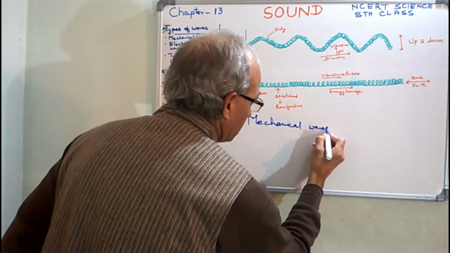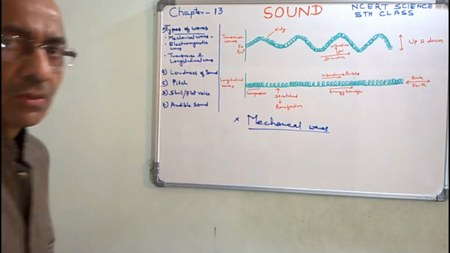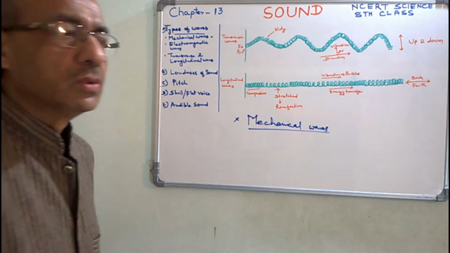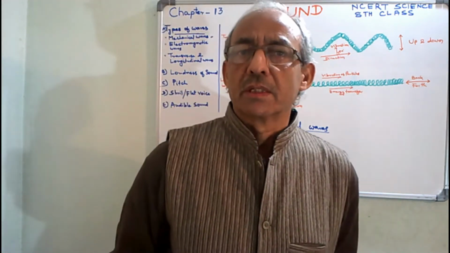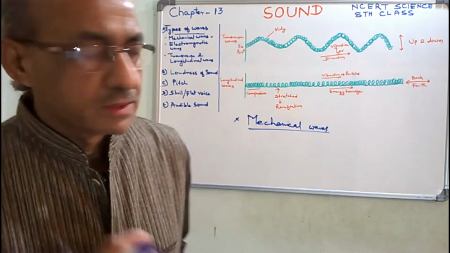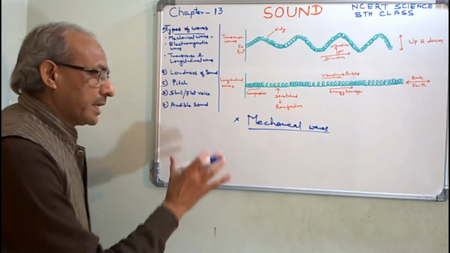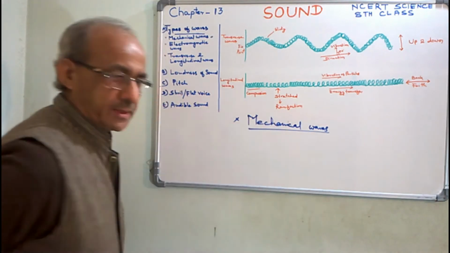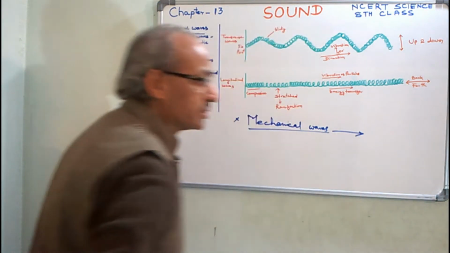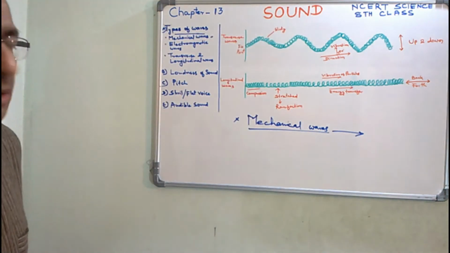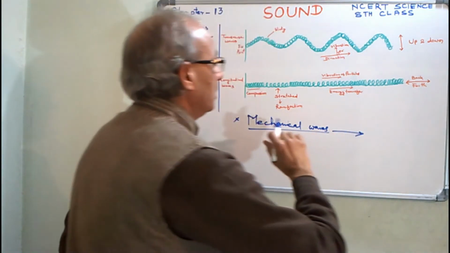Waves are called mechanical waves, particularly sound waves or water waves, which are caused due to certain disturbances or the effect of external or mechanical efforts. So they are under the category of mechanical waves. And you should know this is very important information from the examination point of view.